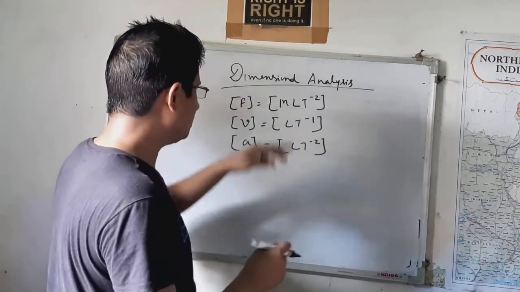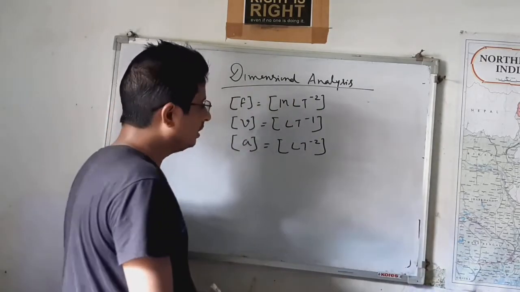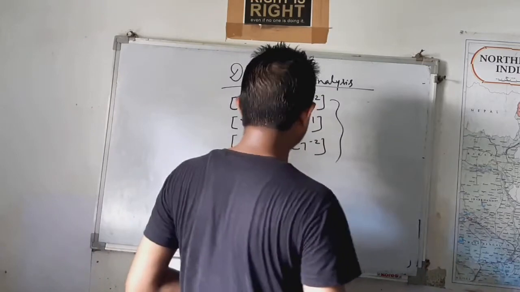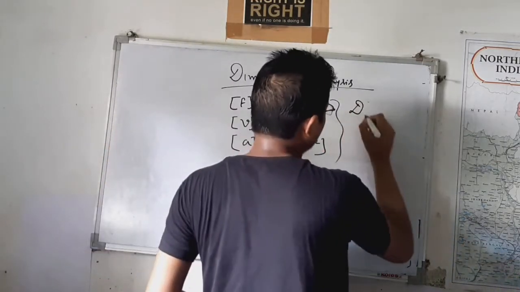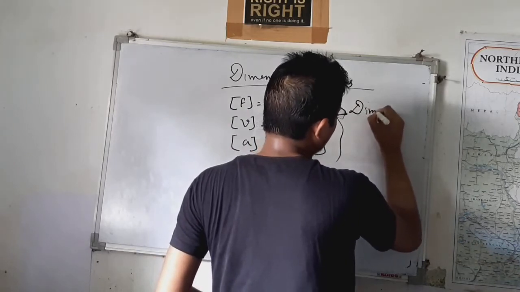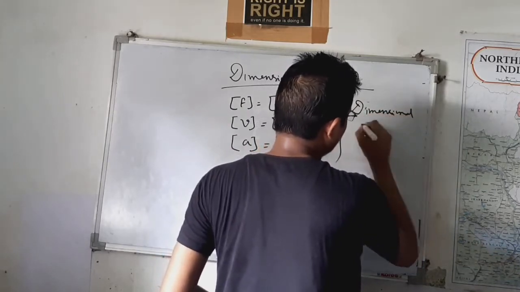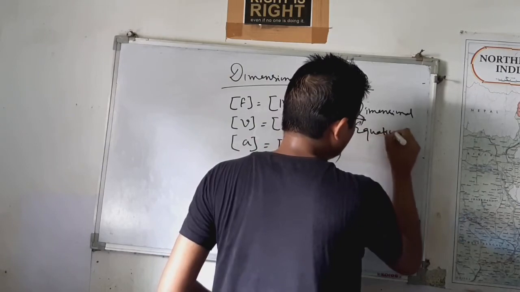So these are in the form of equations. This type of equation is known as dimensional equations.